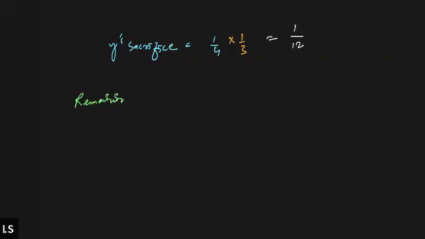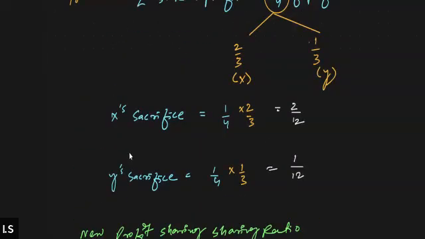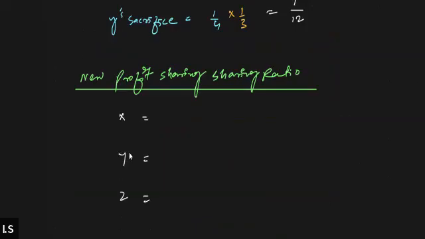Let's find out the new profit sharing ratio for X, Y, and Z. X's old share was given in the question as 3:2, that means 3/5. Out of 3/5, he needs to sacrifice 2/12.